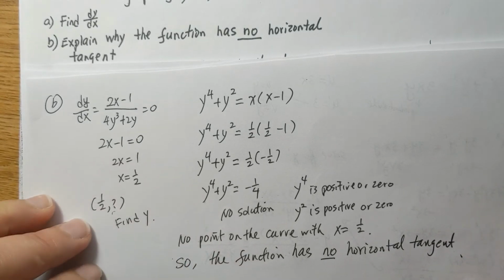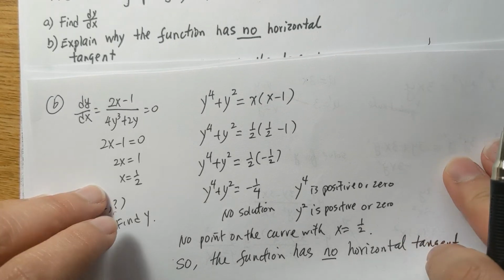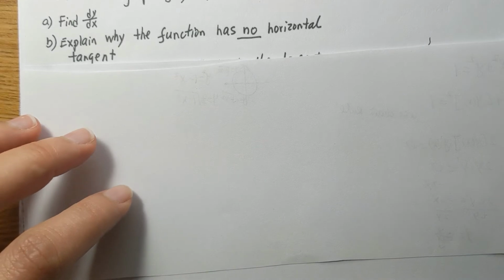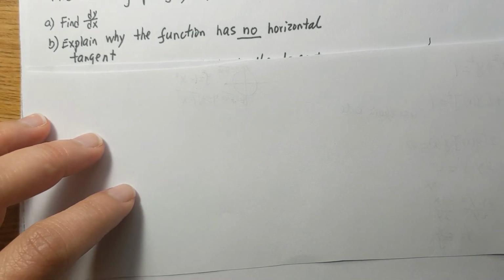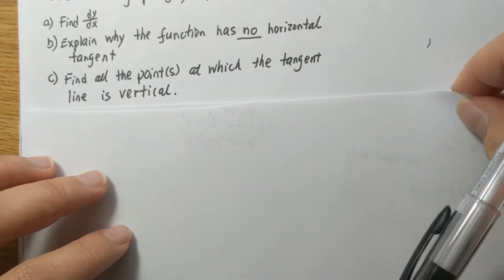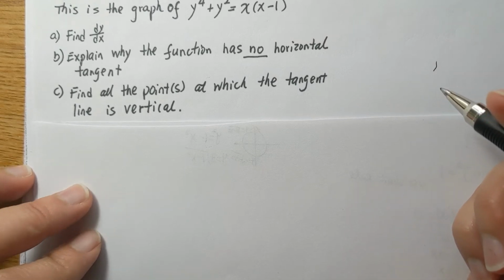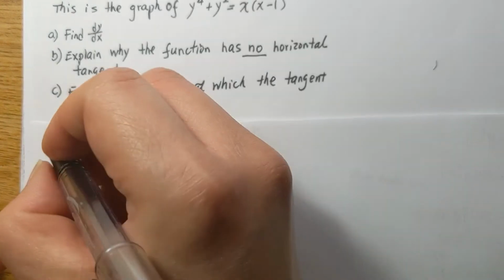So we finish part B with 2 different methods. Let's take a look at part C. For part C, find all the points at which the tangent line is vertical.